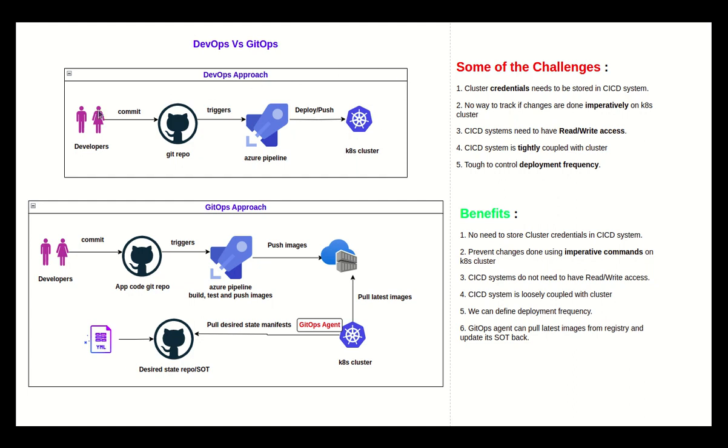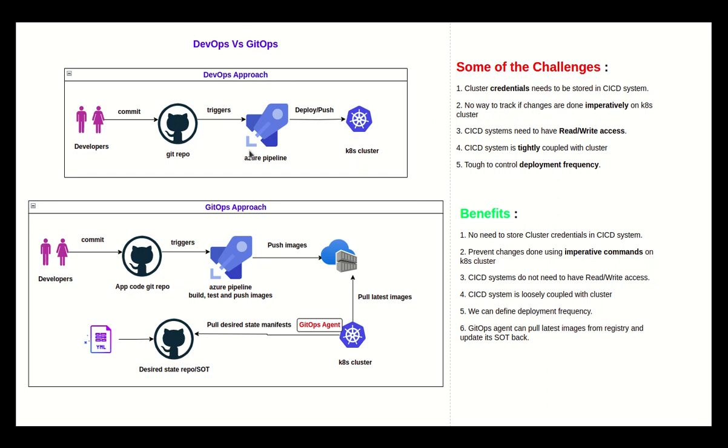So basically this entire approach works on a push based system, and there are some challenges with this approach. If we closely observe, the main player over here is this CI/CD system. Some of the challenges are the CI/CD system needs to have the credentials of this Kubernetes environment.